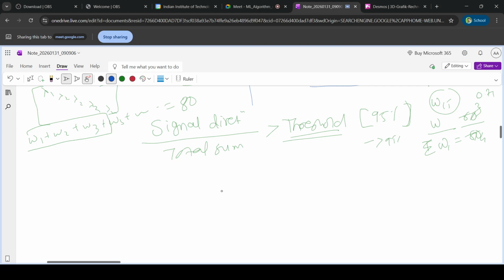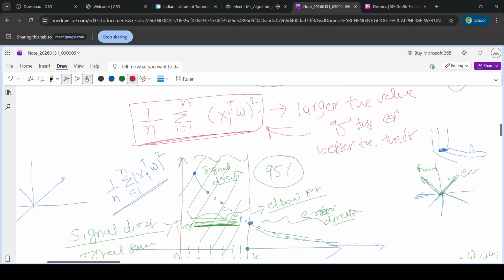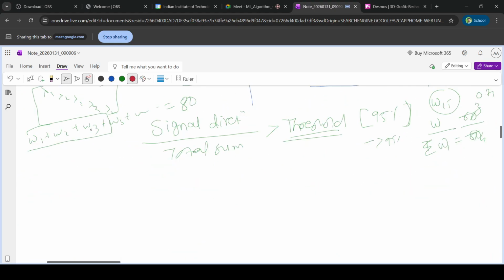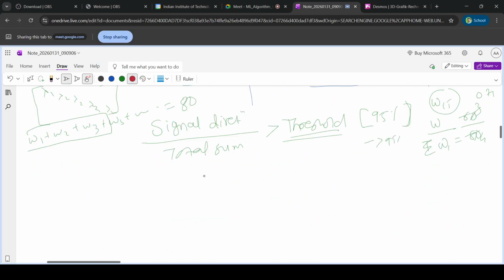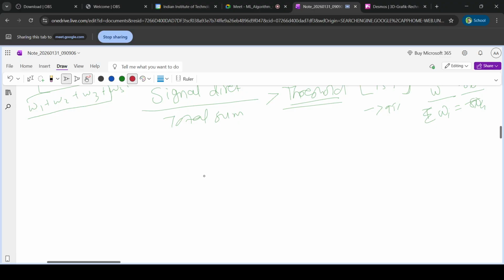I hope it's saved. I don't know why it's not drawing. I'm just trying to draw, but it is not allowing me to draw. Okay, let me see later on, but maybe orally I can tell you.